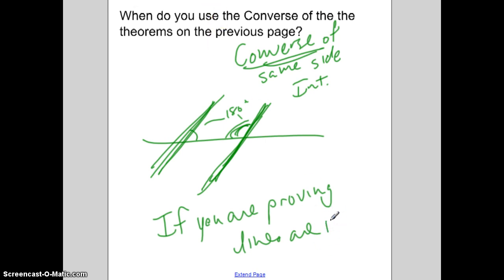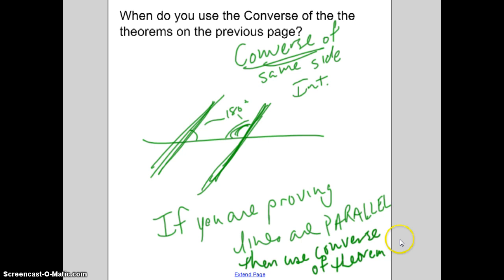If you're trying to prove lines are PARALLEL, then use the converse of the theorem. If you are proving the lines are parallel, so they told you this information is true, but you are proving this one's parallel to this one, then use the converse of the theorem.